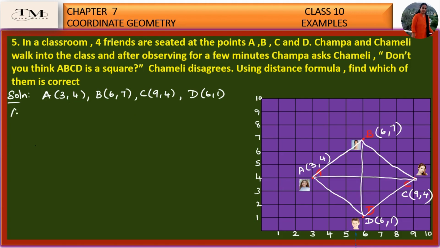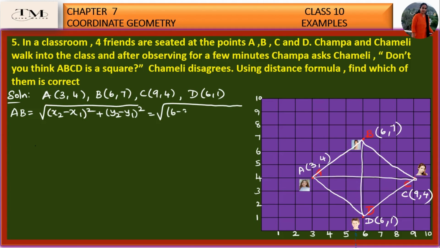So we have to find out the distance between AB, BC, CD, AD. So AB. What is the distance formula? Square root of x2 minus x1 whole square plus y2 minus y1 whole square. x2 is 6, x1 is 3.